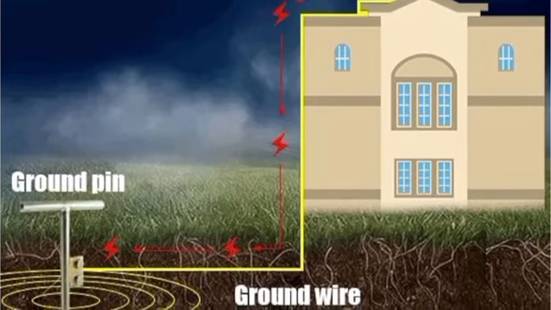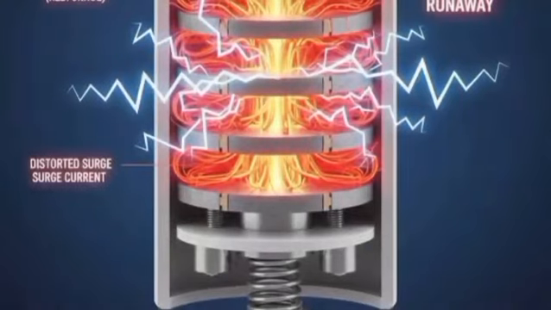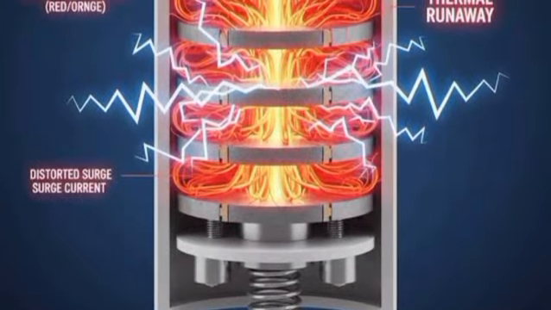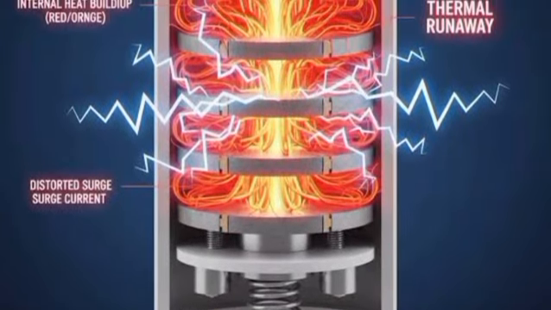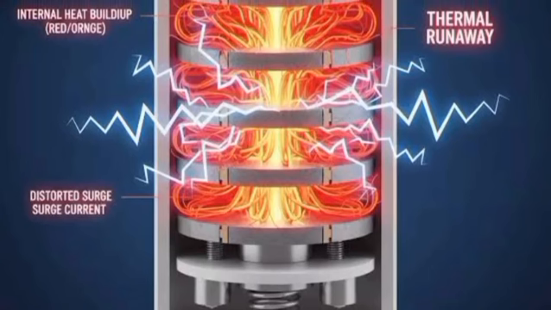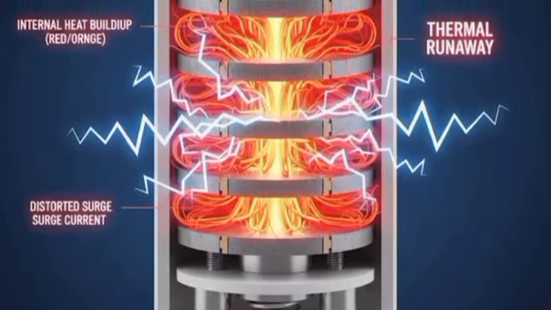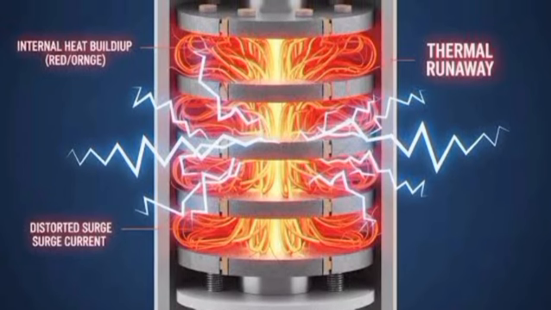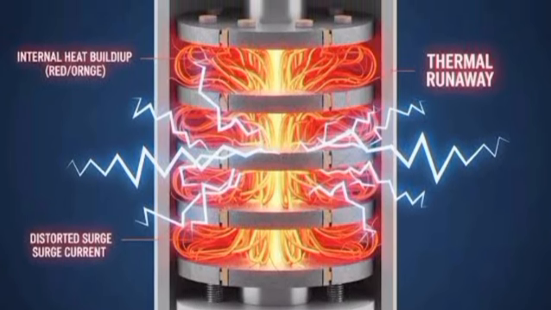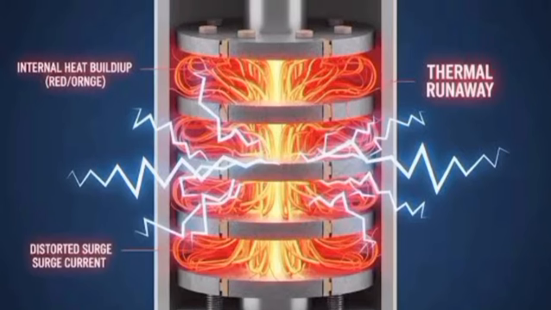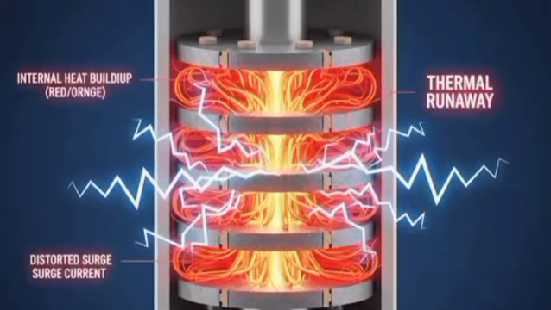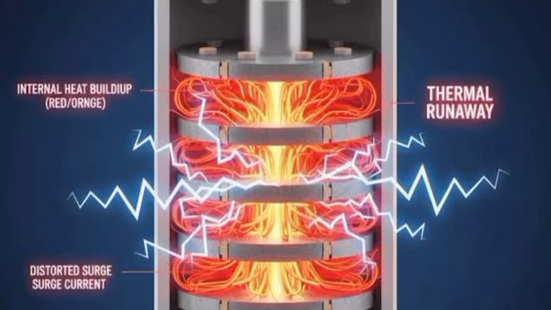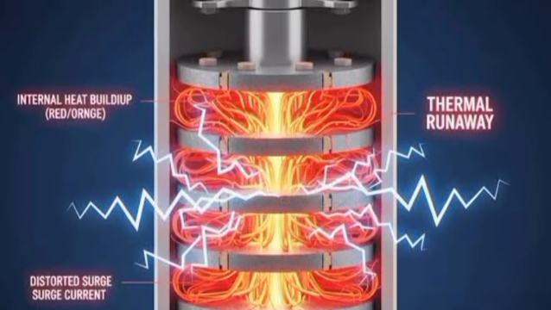arrestor's protective level. At this point, the arrestor immediately changes from a high-resistance state to a low-resistance state, providing a safe path for the surge current to flow directly to Earth. This action diverts the dangerous surge away from electrical equipment, preventing insulation failure, flashover, and equipment damage.